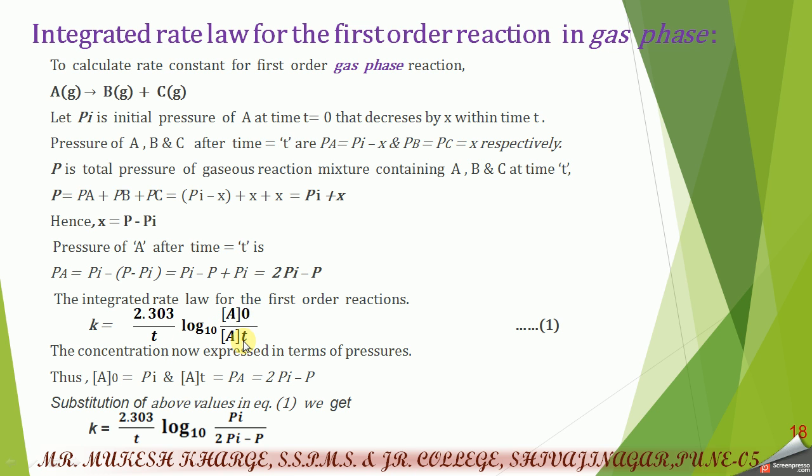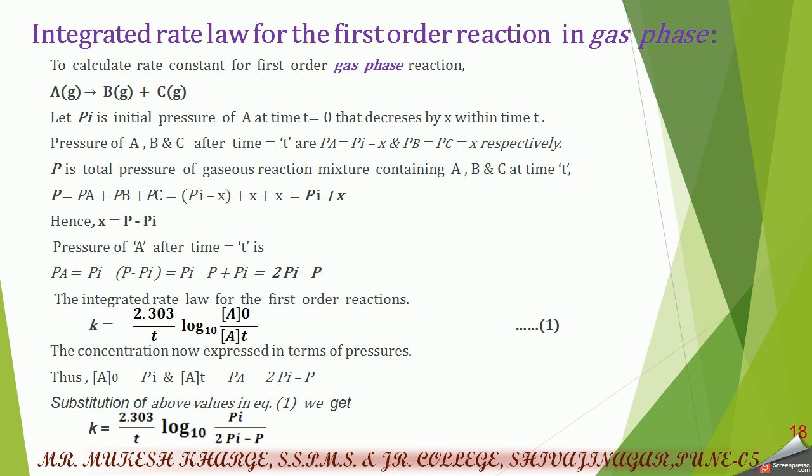Here we took the solution for your reaction, where reactants and products are expressed in terms of their concentration. Now if you take gaseous phase reactions, these concentrations of the reactants at the initial stage and at time t get replaced by pressure terms. A0, the initial concentration of A, is replaced by the initial pressure of your reactant, which is equal to Pi.